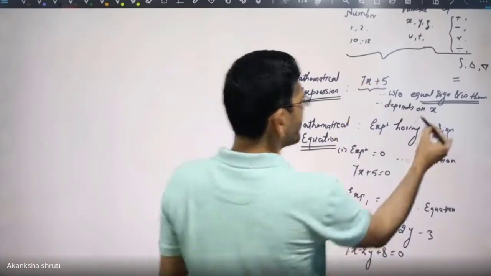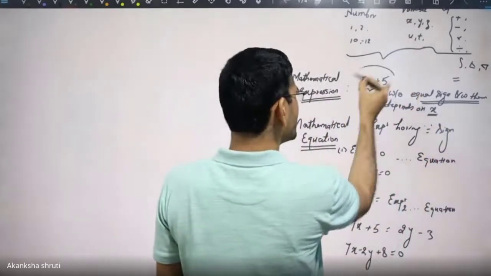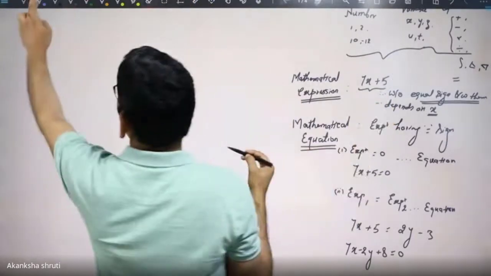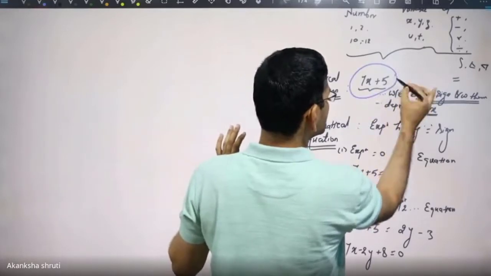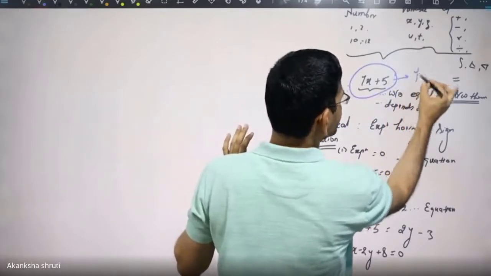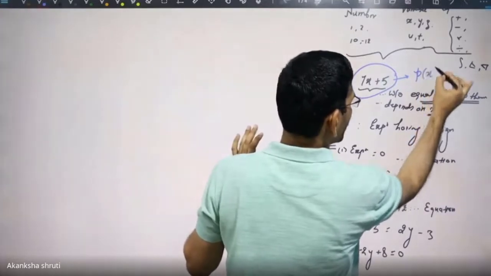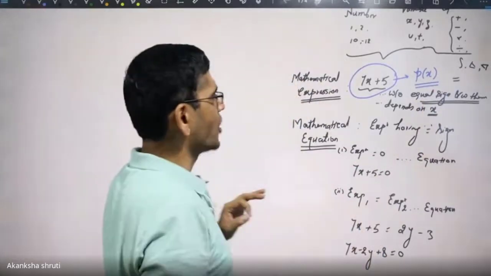Means it is depending on the variable x. Therefore, this expression is sometimes denoted in short form as a function, denoted as p of x. Okay, it is called polynomial form.